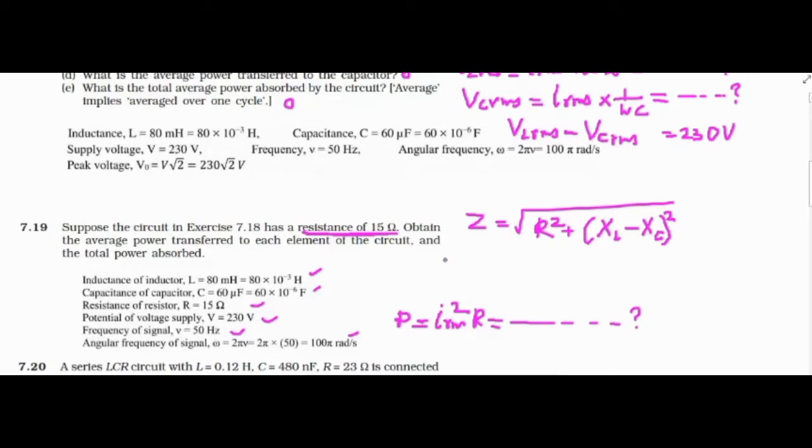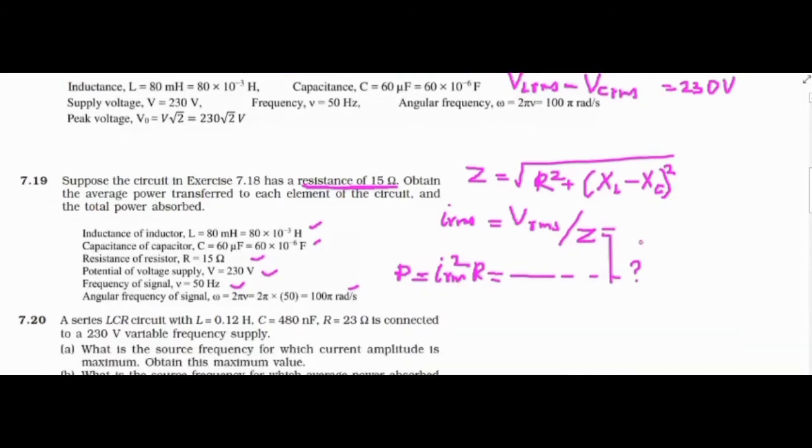Now once you get the value of Z, then IRMS is equal to VRMS divided by Z, so that you can find the value of IRMS.